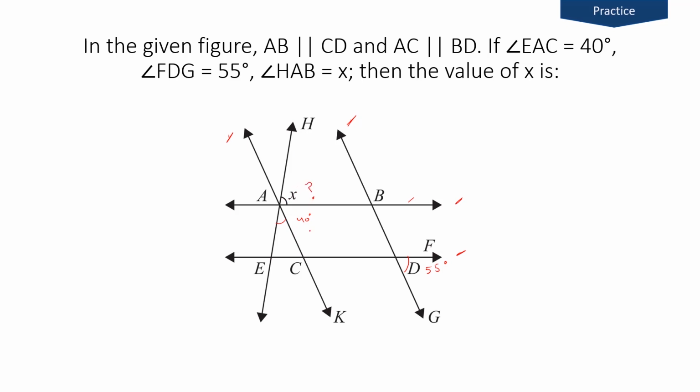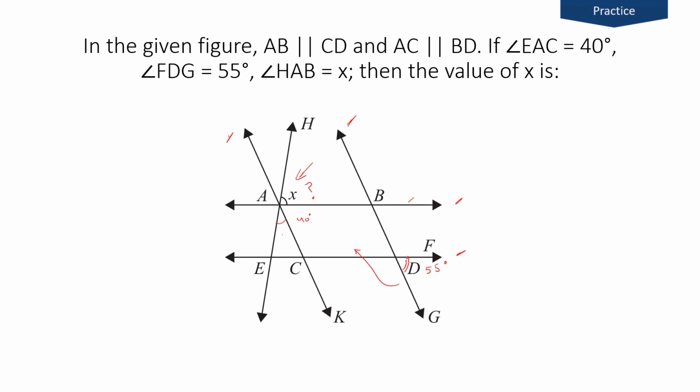And we have to find the value of X. The question is focused at this point A. We have one value nearby, X, and the other value of 55 degrees very far from point A. So let us try to get this value of 55 degrees as close to A as possible.